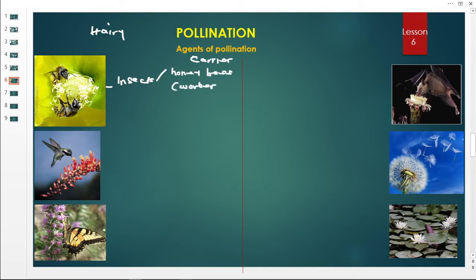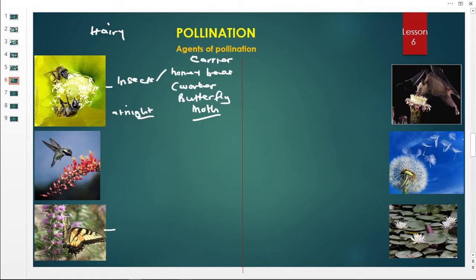Then here we are having another insect. This one is a butterfly. Then apart from a butterfly, we also have moths. These moths are other insect pollinators, and they pollinate flowers at night. Now, how are they able to pollinate these flowers at night?